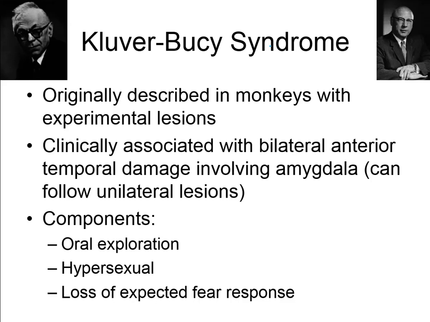So the critical thing here, and it relates a lot to what we talked about in HM on Wednesday, is that to see the deficits from these structures, both the memory disturbance from hippocampus and the behavioral disturbances, as you see with the amygdaloid lesions in Kluver-Bucy, the lesions have to be bilateral, okay?